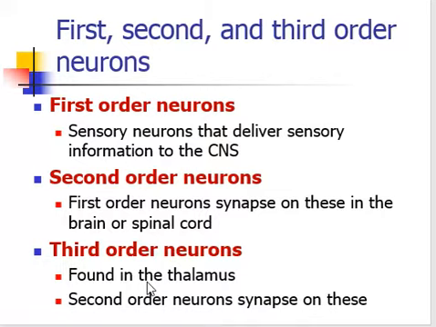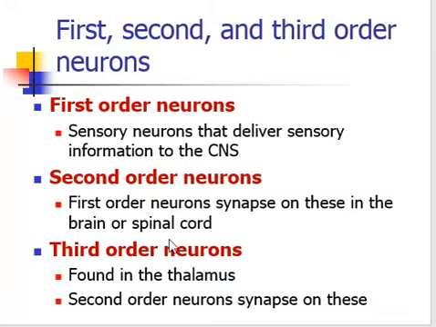I hope you understand: the first order neuron carries impulses and gives them to the second order neuron, and the second order neuron again carries the impulses onward towards the brain. The first order neuron receives the impulses from the receptor and passes them to the second order neuron, which is present in a subcortical area like the thalamus.